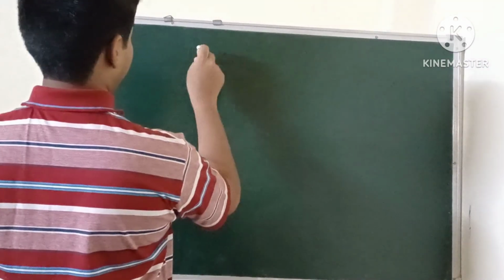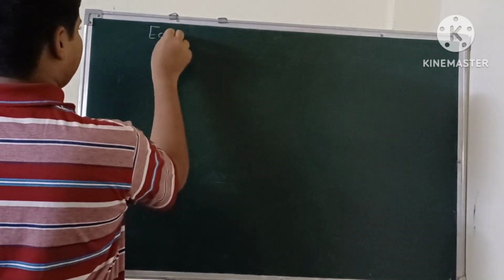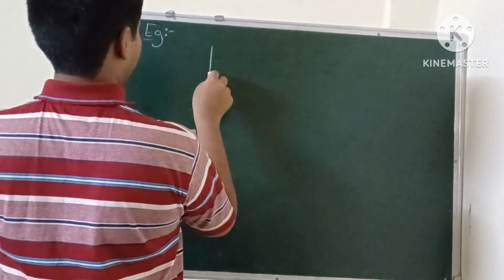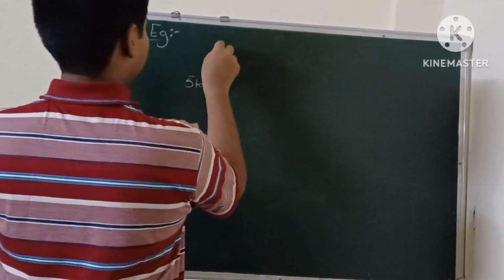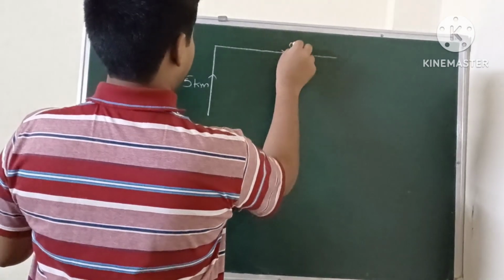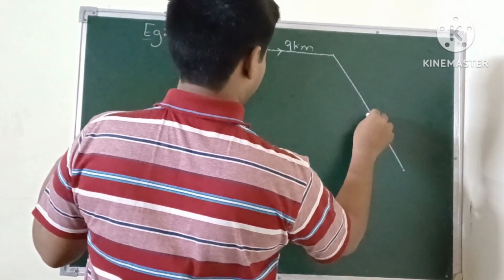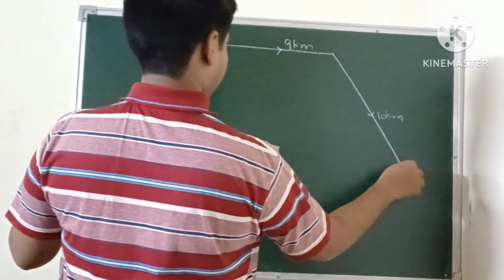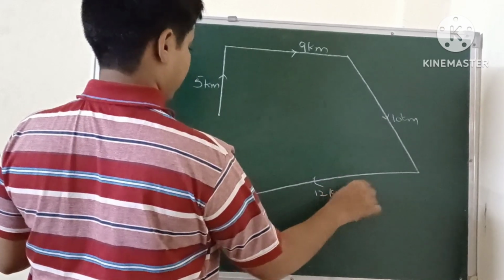And for example, this is 5 kilometers and this is 9 kilometers and this is 10 kilometers and this is 12 kilometers.